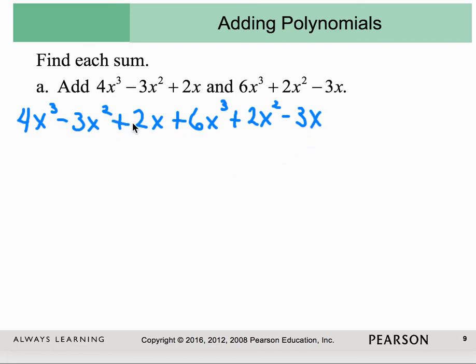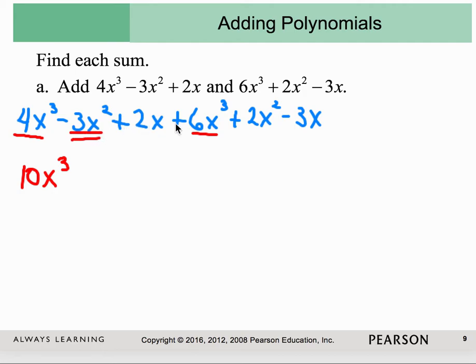And then it doesn't matter how many terms we have. It's the same process as when we just had 2 or 3 terms to combine. The only thing I can add to this is if there's another x cubed. So there we are. 4 x cubed things plus 6 more. I have 10 x cubes.